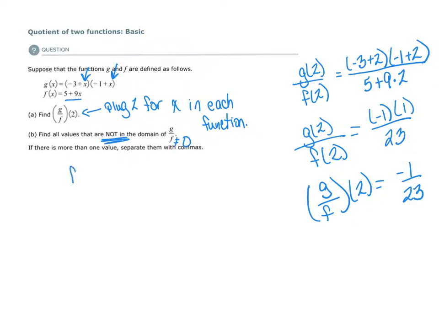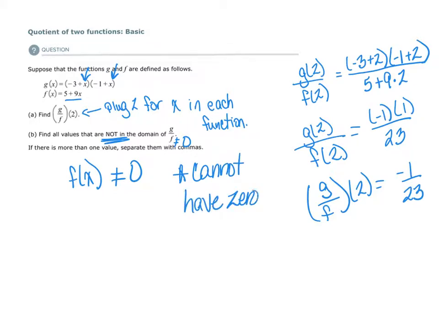So what we are looking for is when f of x is equal to 0, because that makes this function undefined. We cannot ever have a 0 in the denominator of a fraction.